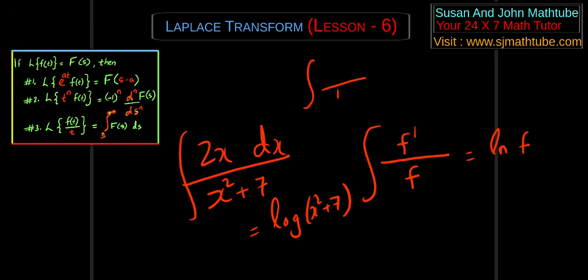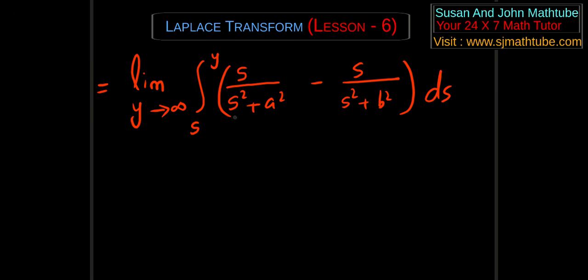Suppose you have tan x in the denominator and the derivative of tan x, sec square x, in the numerator, then the answer will be log tan x. Okay, remembering this fact, the variable of integration is s and the derivative of s square is 2s. So I am going to introduce 2, and I am going to take 1 by 2 outside. I hope you understood that.